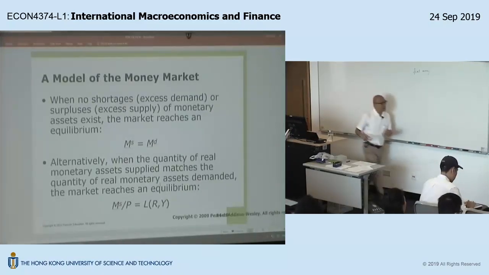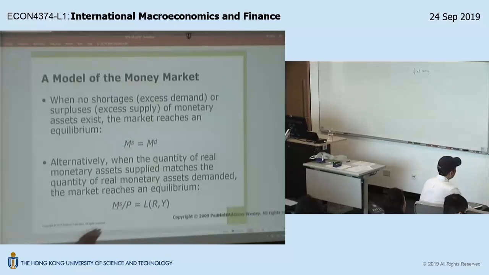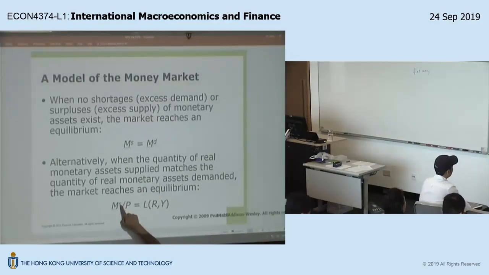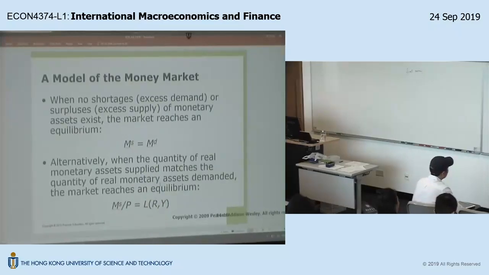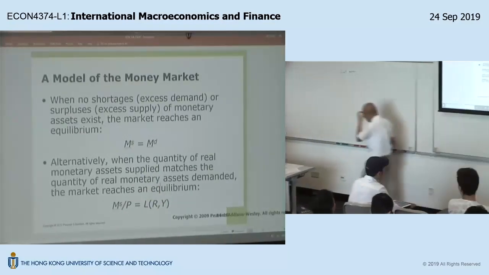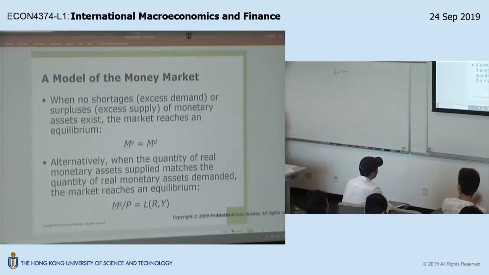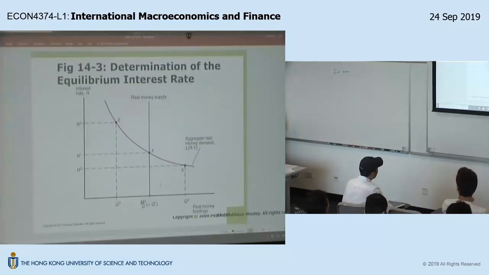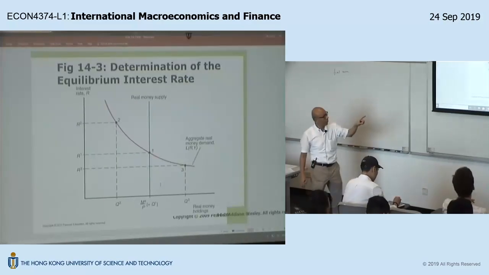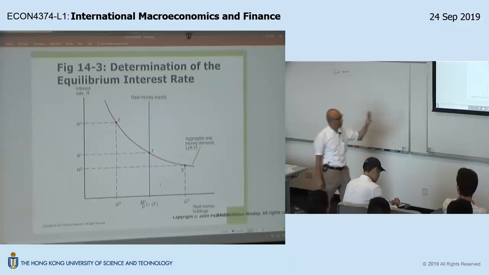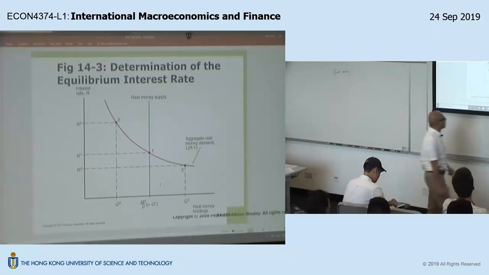In other words, in equilibrium, MS is equal to MD, money supply is equal to money demand. So you basically have something like that. This is nothing more than a mathematical representation, but I think the graphical representation is more clear, more illustrative.